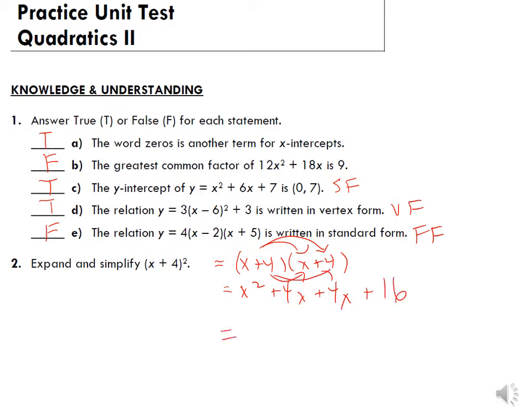Don't forget to collect like terms, almost always in the middle. 4x plus 4x gives you 8x. So x squared plus 8x plus 16. And we have correctly expanded it, and in fact we've changed it from vertex form to standard form.